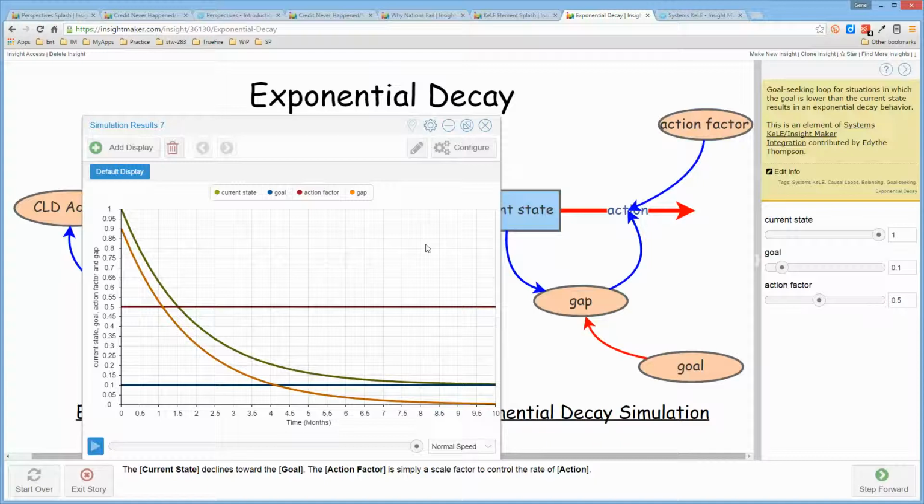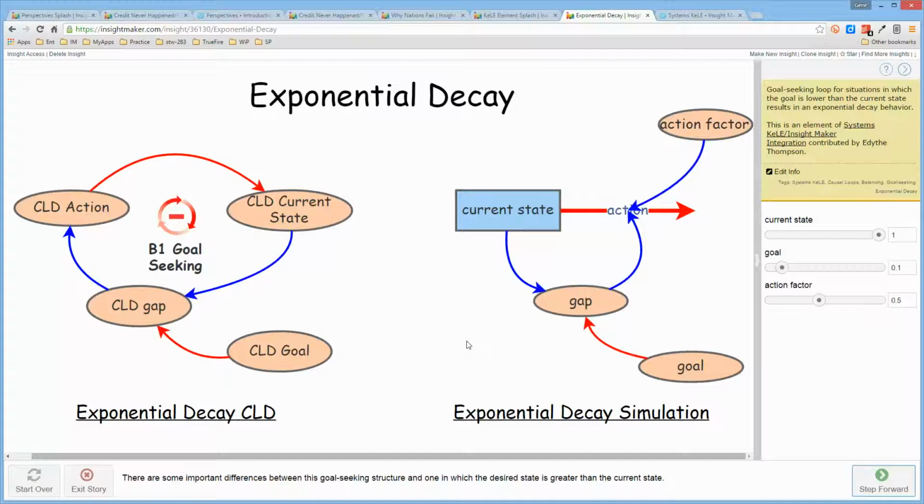So I just wanted to take an opportunity to show you what the behavior of an exponential decay structure looked like, and that the structure looks the same, but the behavior curve looks very different.